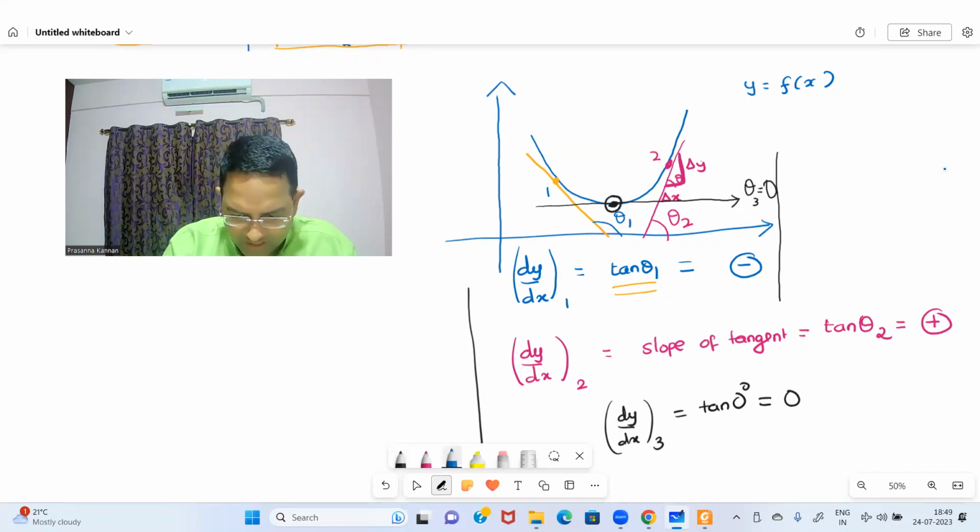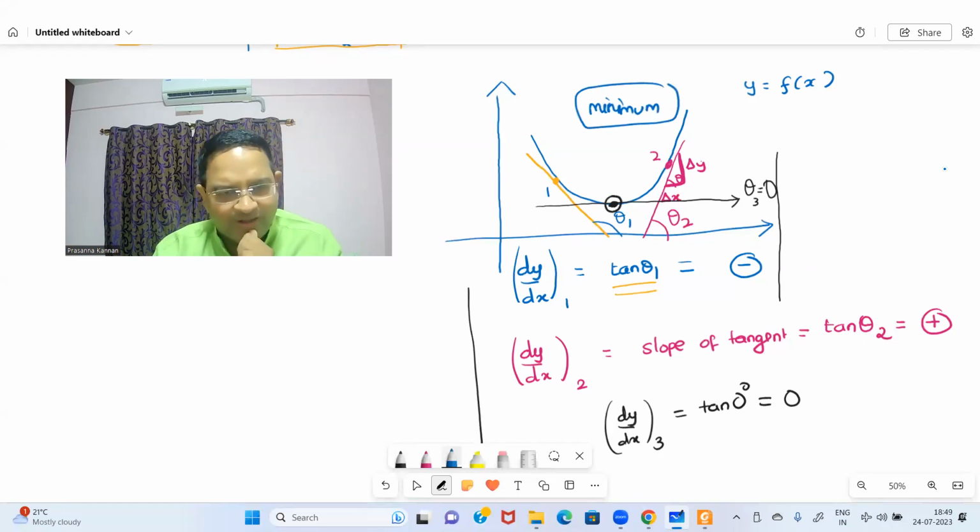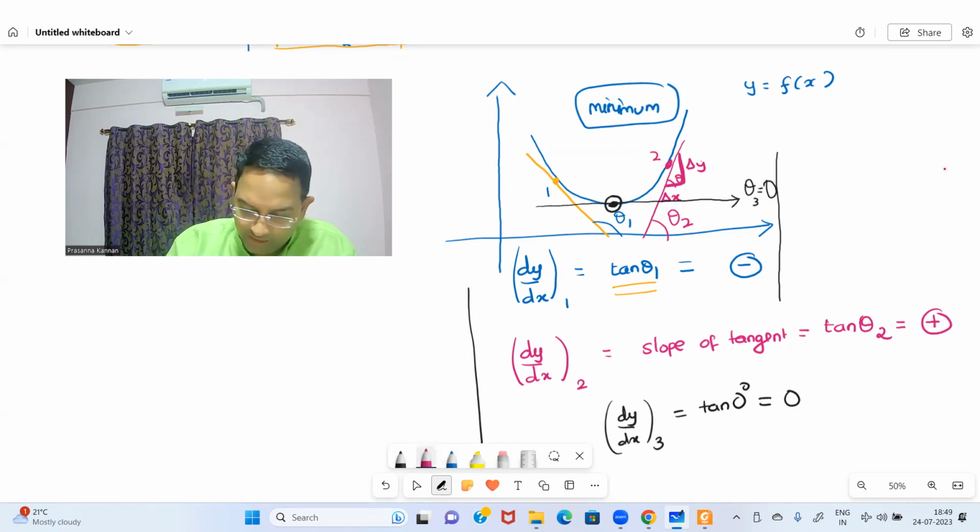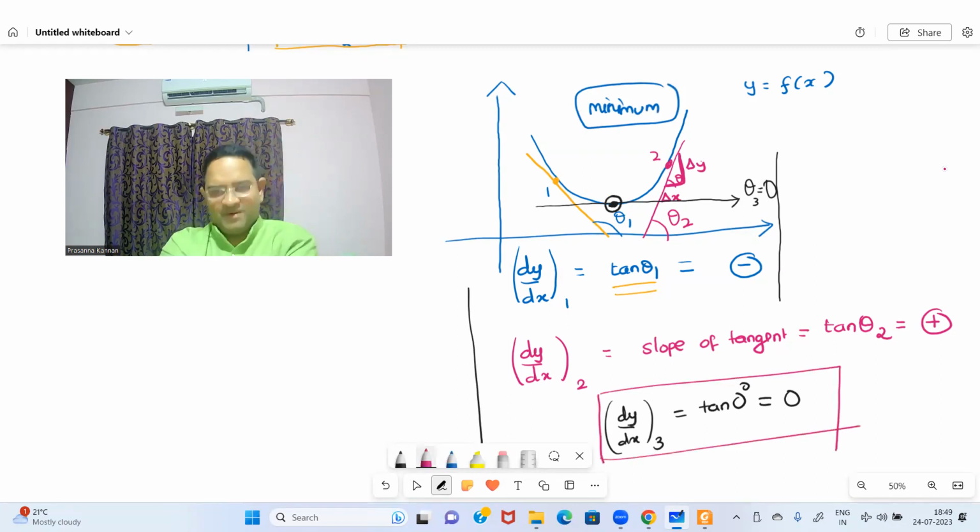So this is a minimum point. So using this logic, we are going to solve this sum. To find the minimum of any function, what I should do, I'll tell you. First thing that you can understand is, if a function is reaching a minimum, then what will be the first derivative? What is dy by dx?